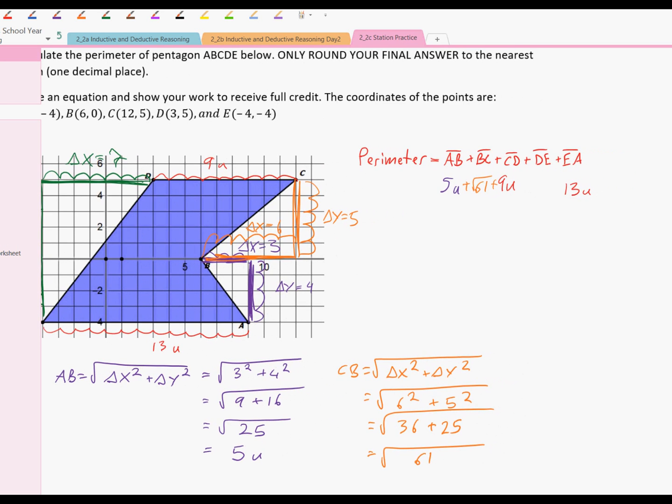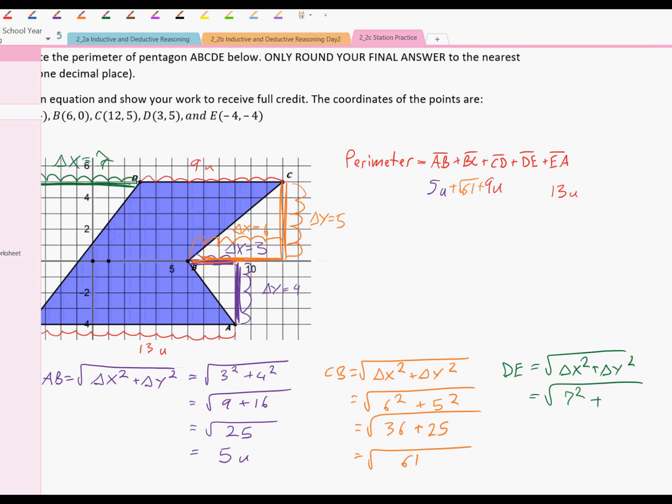And DE is equal to the square root of change in X squared plus change in Y squared, which is equal to 7 squared plus, let's check again, 9 squared, which is equal to the square root of the sum of 49 plus 81, which is equal to the square root of 130. So I'll punch that in here, square root of 130 units.